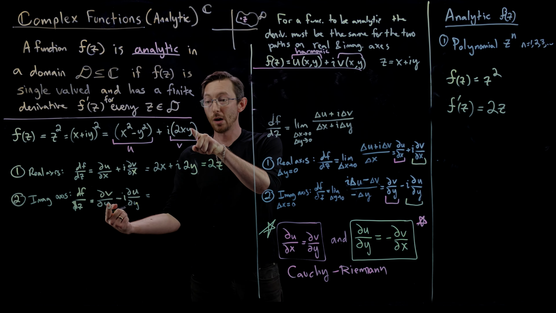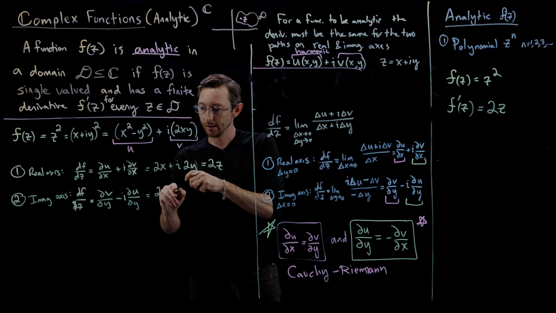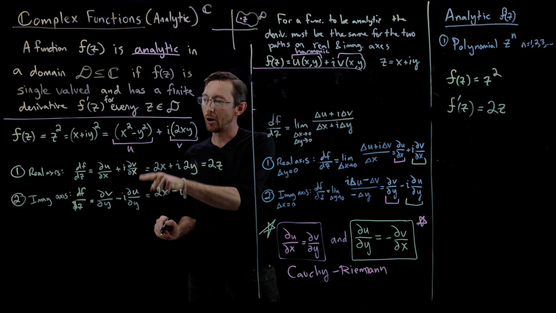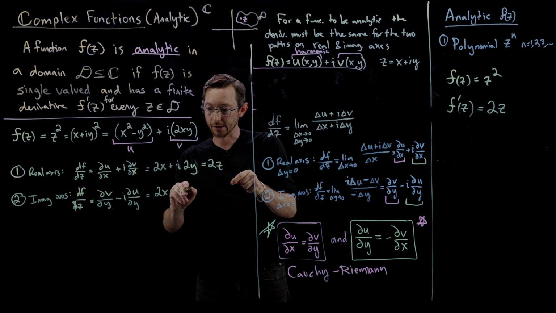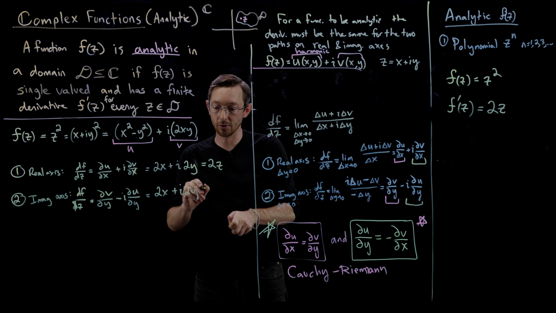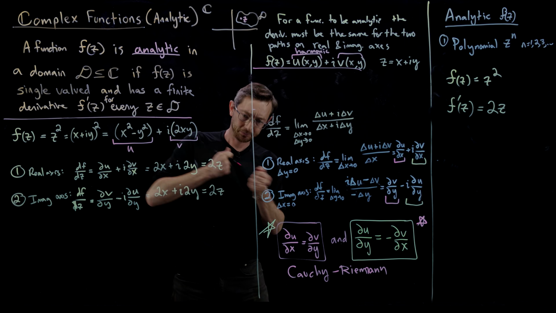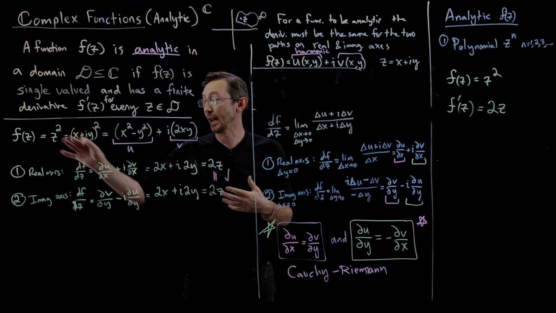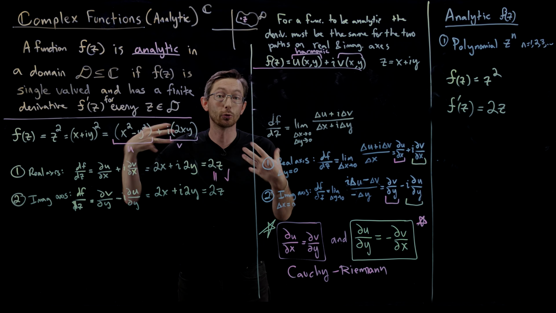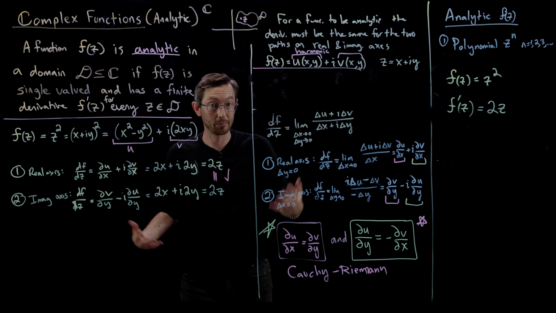Partial v partial y is 2x, good, minus i partial u partial y is a minus 2y, so that's a minus 2y. And again, 2x plus i2y is just 2z. So essentially what this shows is that because these two equal each other, for this function f of z equals z squared, the derivative is 2z regardless of what direction I take it in the complex plane.